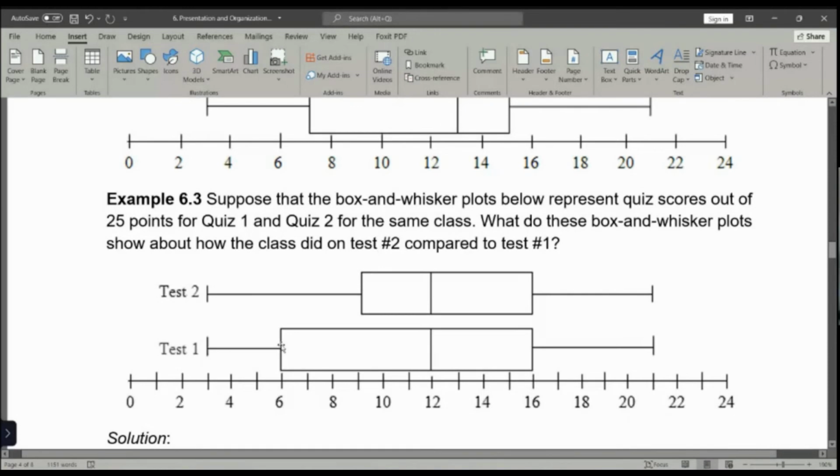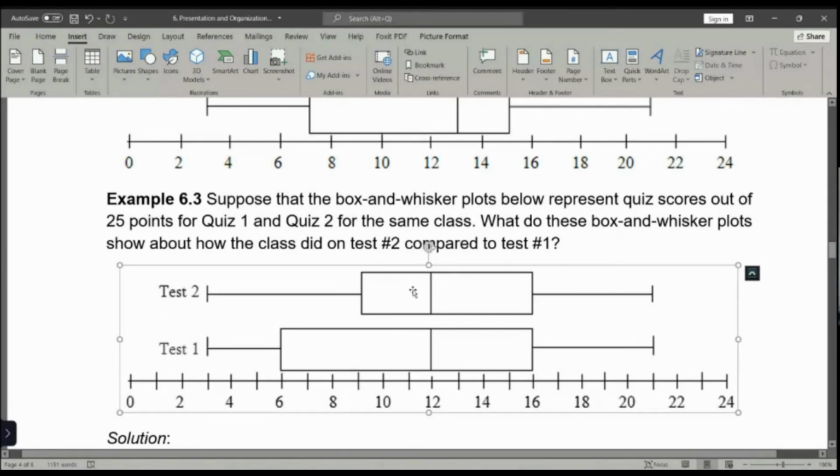Therefore, this is the score higher than the lower 25%, denoted by our left whisker. At the same time, this is a score that is lower than the upper 75%. So meaning to say, 75% of the students got 6 or above. Okay, 6 and above.